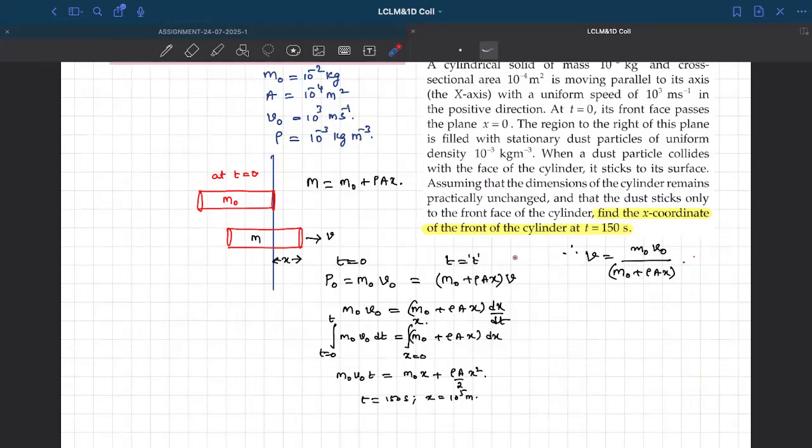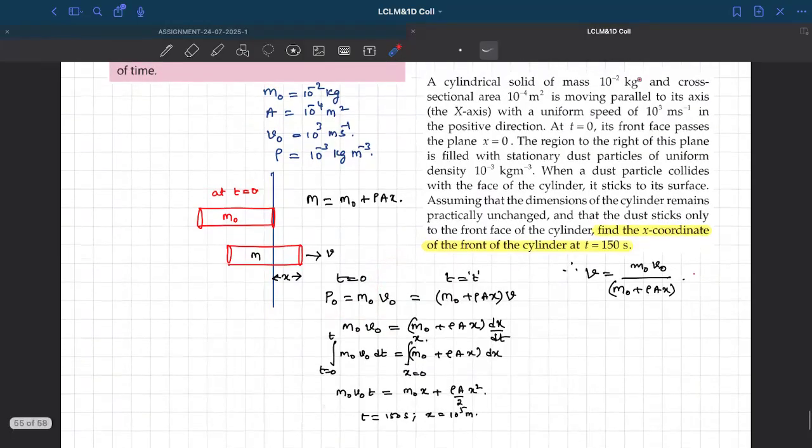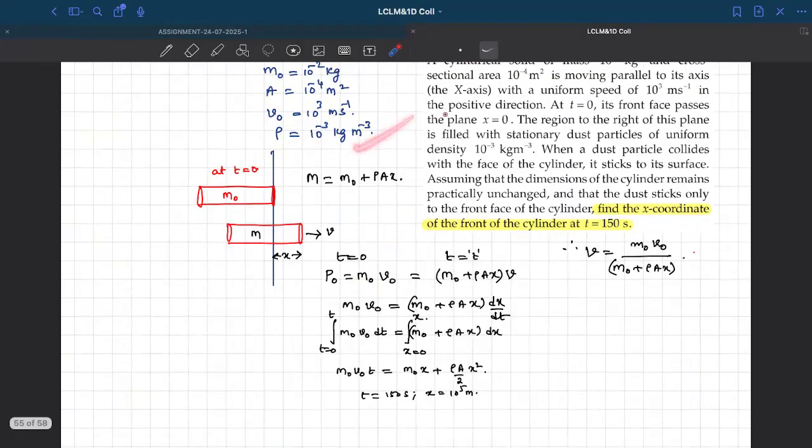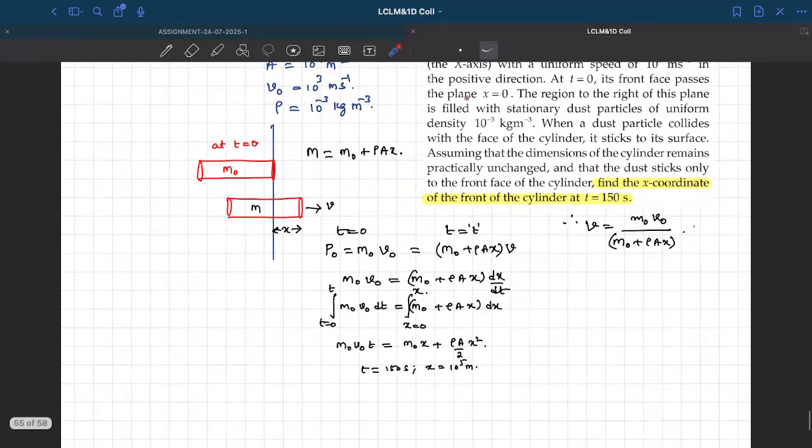Please try to understand, at t is equal to 0, the momentum of the system is m naught v naught, where v naught is 10 power 3 meter per second and m naught is 10 power minus 2 kg. That is all the data given in the question. Rho is 10 to the power of minus 3 kg per meter cube. At some time t, what is happening?